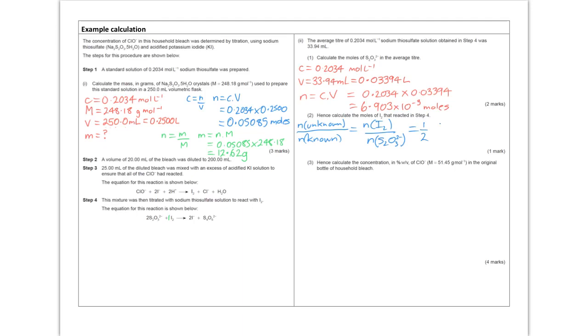So it says number of moles of iodine equals 1/2 times the thiosulfate amount, which basically comes up to the top when we rearrange, or you can think of it as timesing both sides by that. So that becomes equal to 1/2 times by 6.903 times 10 to the minus 3.